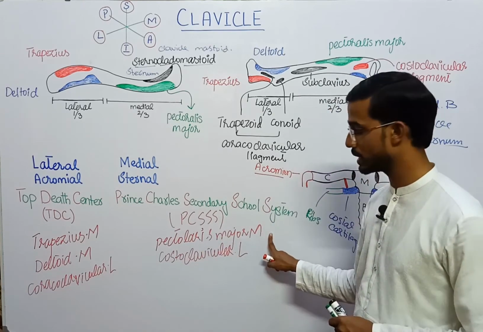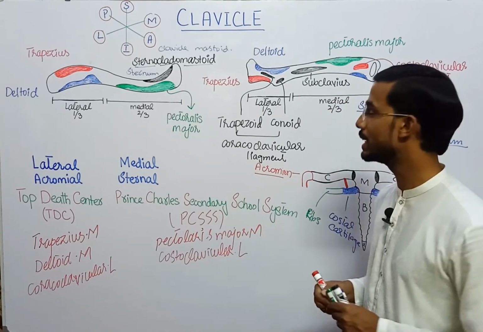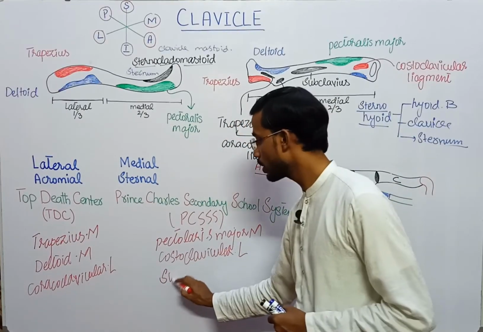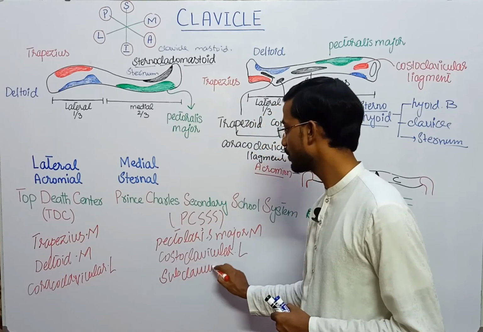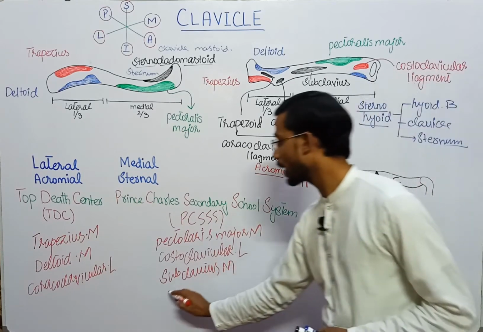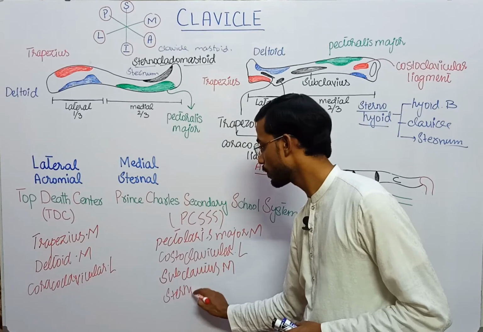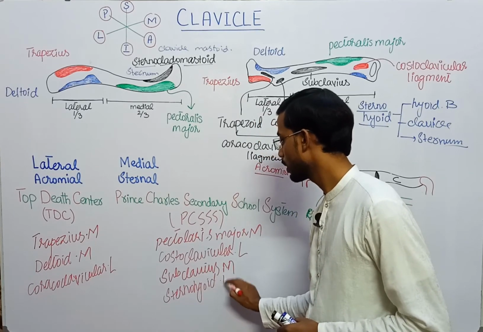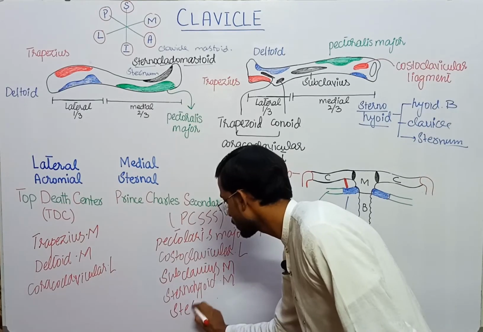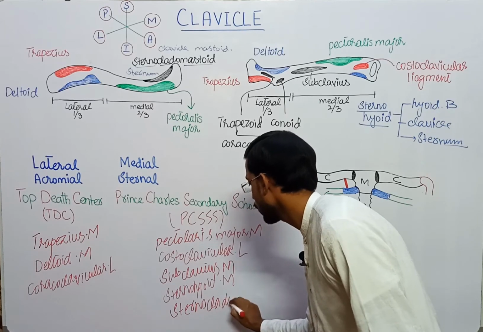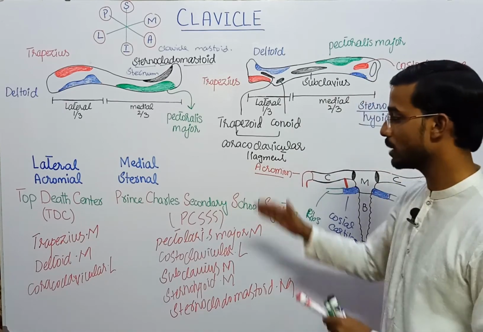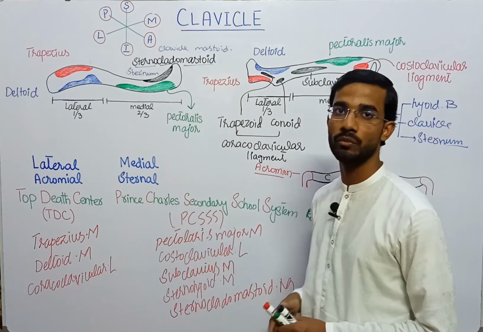Pectoralis major is a muscle, costoclavicular is a ligament. S stands for subclavius muscle, another S stands for sternohyoid muscle, and the last S stands for sternocleidomastoid muscle. So these are the muscles attached to the medial side of the clavicle.